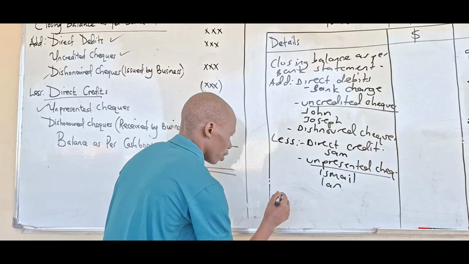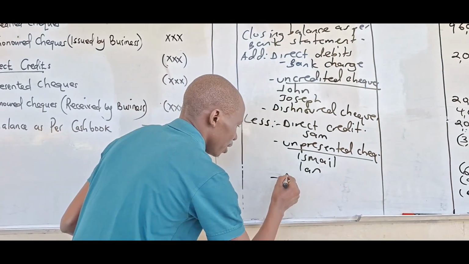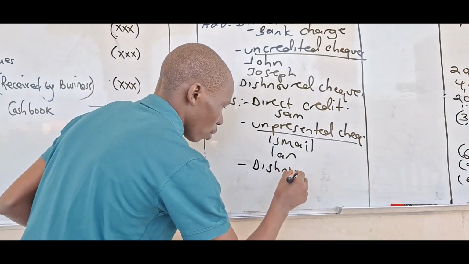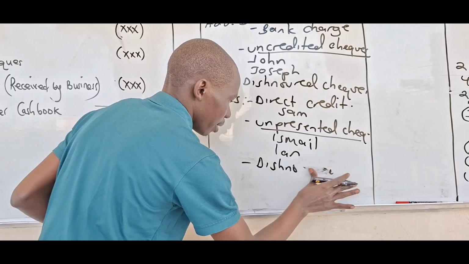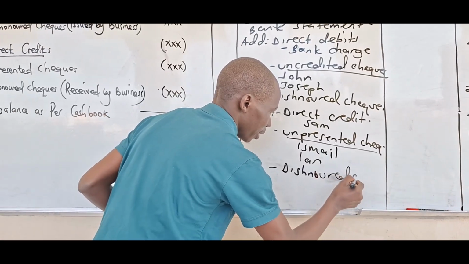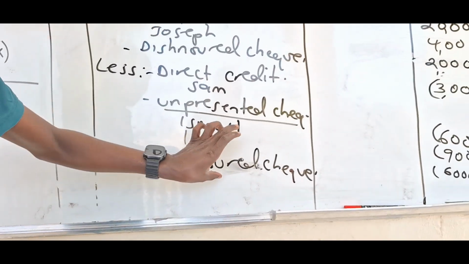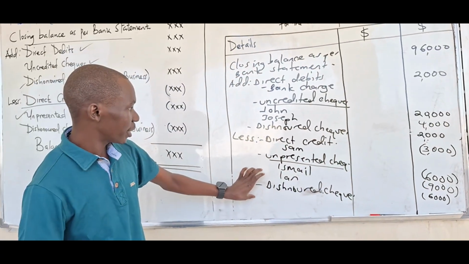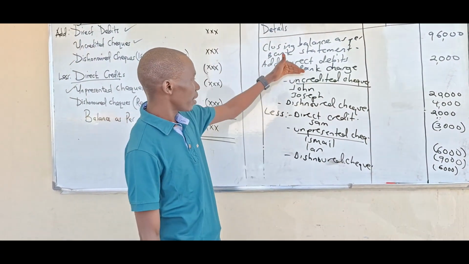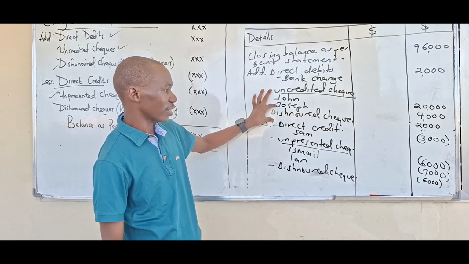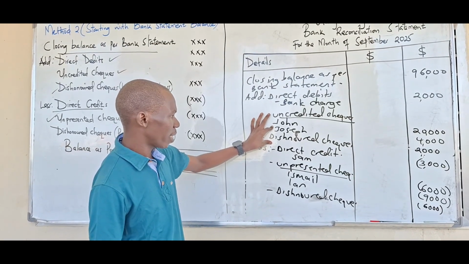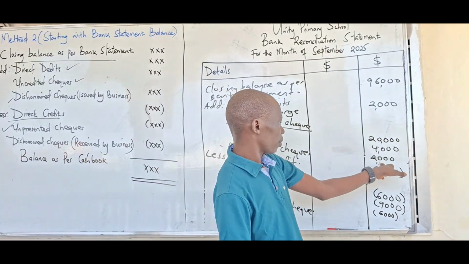Then you go ahead to subtract this dishonored check. And this dishonored check here, we have it under subtracting. Now this dishonored check, excuse me, I'm saying 2,000.